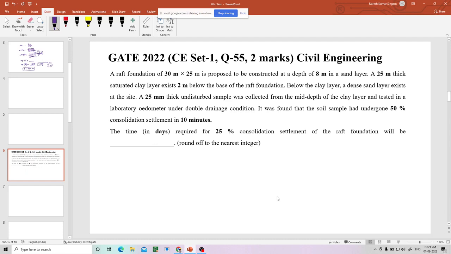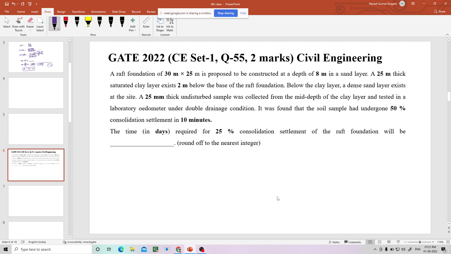There is a 25-meter thick saturated clay layer which is existing 2 meters below the base of the raft foundation. Below the clay layer, a dense sand layer exists at the site. Now, a 25 millimeter thick undisturbed sample was collected from the mid depth of the clay layer and tested in a laboratory odometer under double drainage condition.